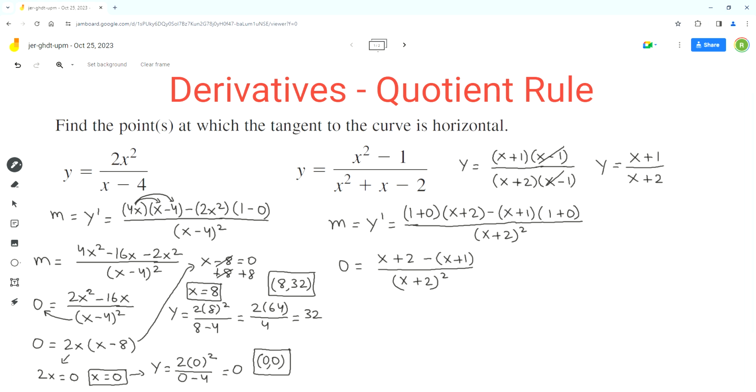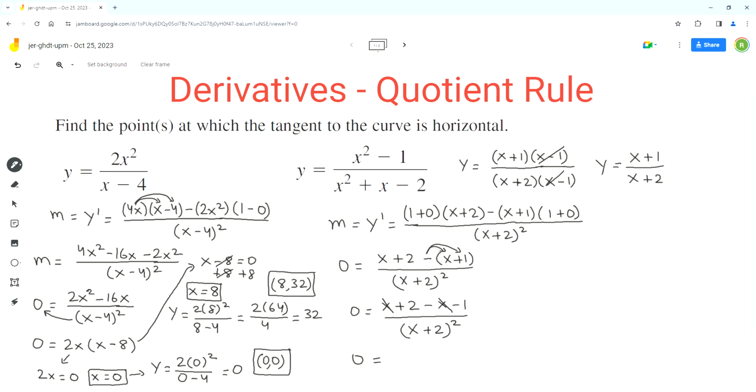Now we can simplify the numerator by distributing the negative sign in the parentheses. So we get 0 equals x plus 2 minus x minus 1 over x plus 2 squared. Now we can combine like terms in the numerator, so the x and negative x will cancel each other out.